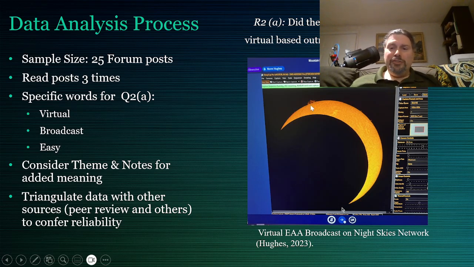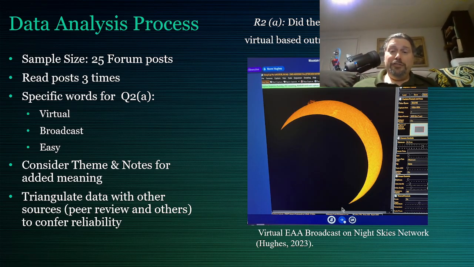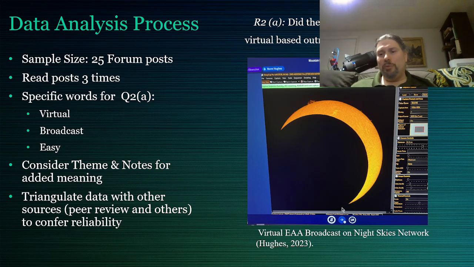So just an example of what this would look like. There's a site very famous amongst people who do EAA where you can log on. You can have a remote observatory, a telescope in your backyard, and you can broadcast. It's the Night Skies Network. I actually know the person; he's a member of one of my local clubs.